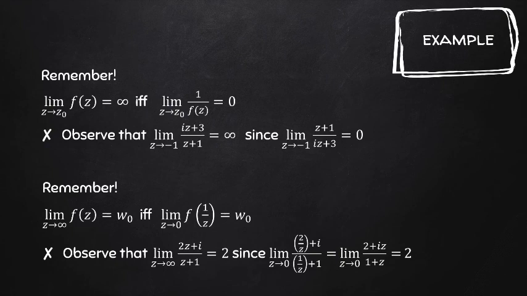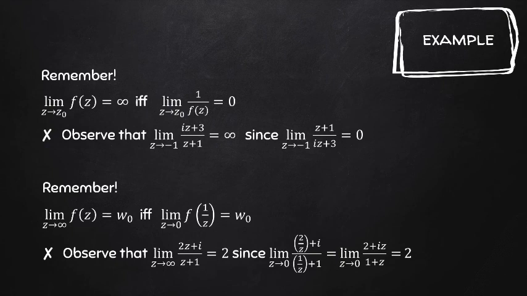Next, we go to the second example. Observe that the limit as z tends to infinity of the function (2z+i)/(z+1) equals 2. Here, this limit form is the same as the theorem in case 2.